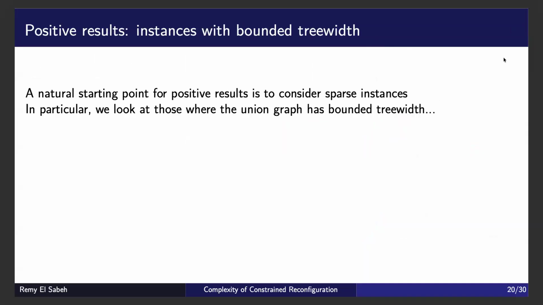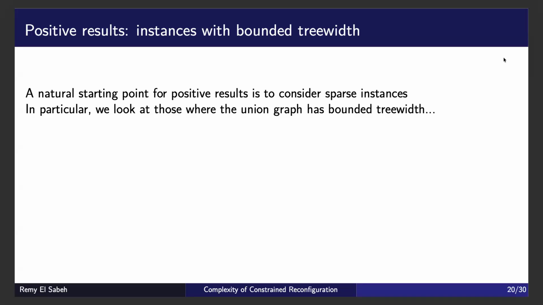Okay, so that's the main hardness result that I wanted to present. To move forward, let's look at what positive results we can obtain, starting with sparse instances. When you think about sparse instances, typically what comes to mind is maybe union graphs where the union graph is a path, a tree, or is sparse in general.